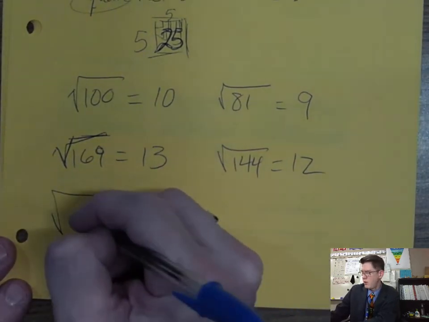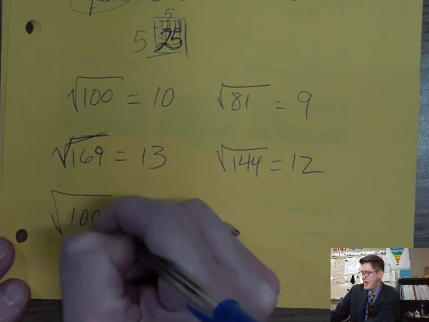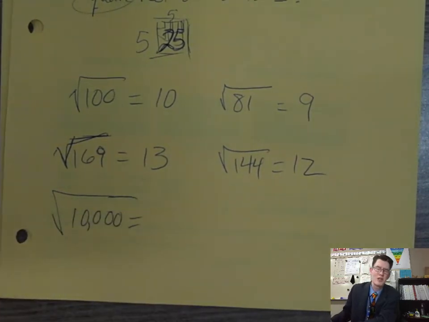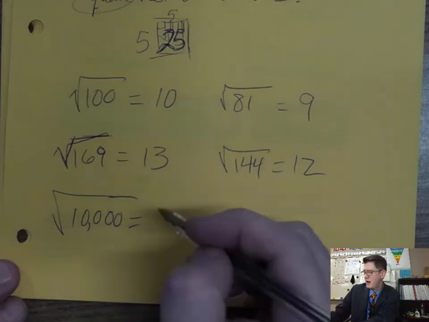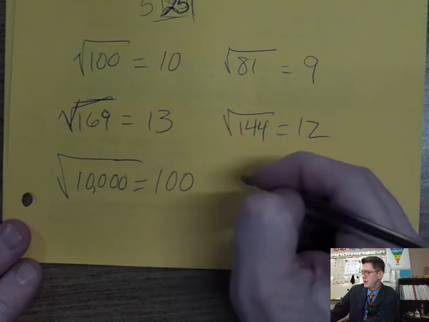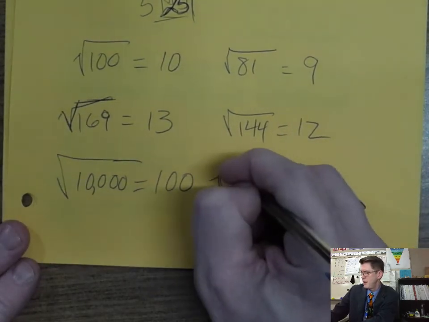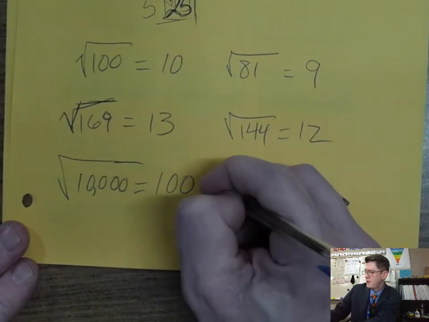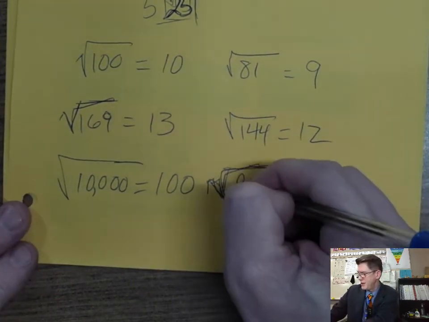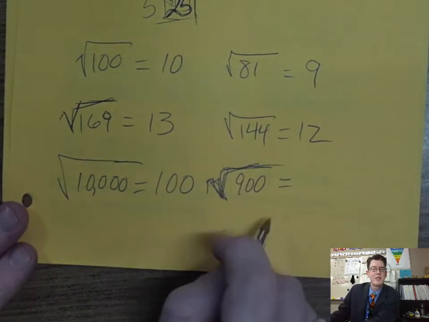What is the square root of 10,000? What number times itself is 10,000? You can do some investigation, maybe trial and error. I'll tell you that it's 100. The square root of 900. What number times itself will give you 900?